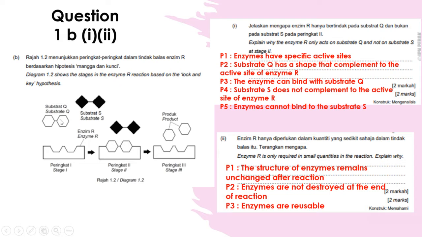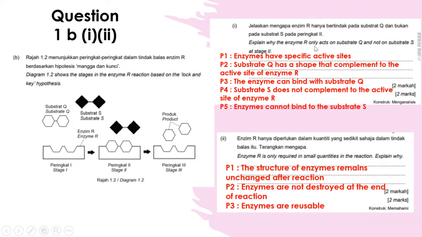You are given two types of substrate, Q and S, and there is one enzyme, enzyme R. This is the enzymatic reaction that occurs here, and then it will produce the product. So this is the enzyme reaction based on the lock and key hypothesis.